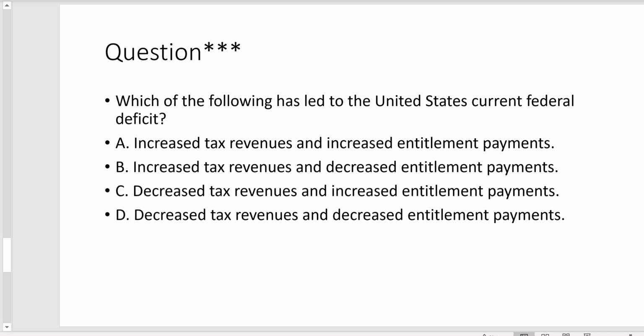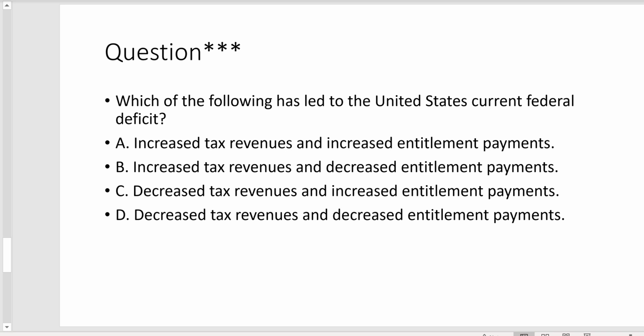Which of the following has led to the United States' current federal deficit? A says increased tax revenues and increased entitlement payments. No. The increased entitlement payments, yes, but increased tax revenues, no. See, a deficit is caused by spending more than you have money coming in. So an increase in tax revenues would mean more money would be coming in. That wouldn't lead to a deficit.